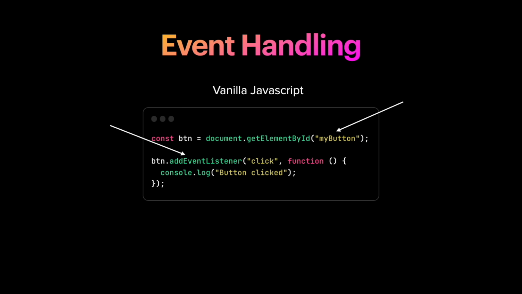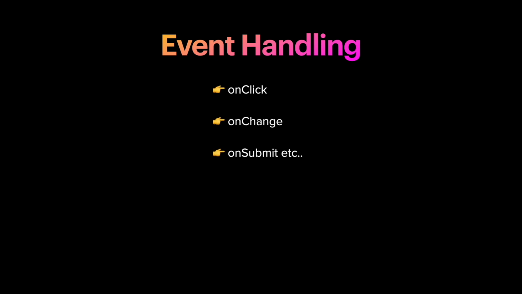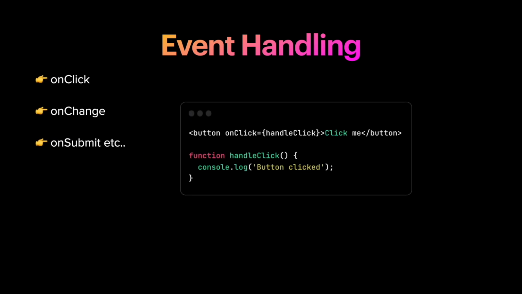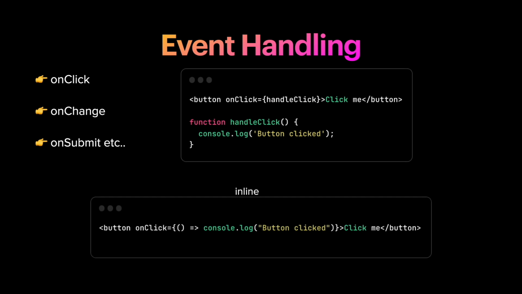But in React, we can register event handlers directly in JSX by using camel case event names. For example, onClick, onChange, onSubmit, and so on. So the code in React will look something like this. Using onClick, we call the handleClick function, which in this case is logging a message. You can also write inline code like this, where we are making use of an arrow function.